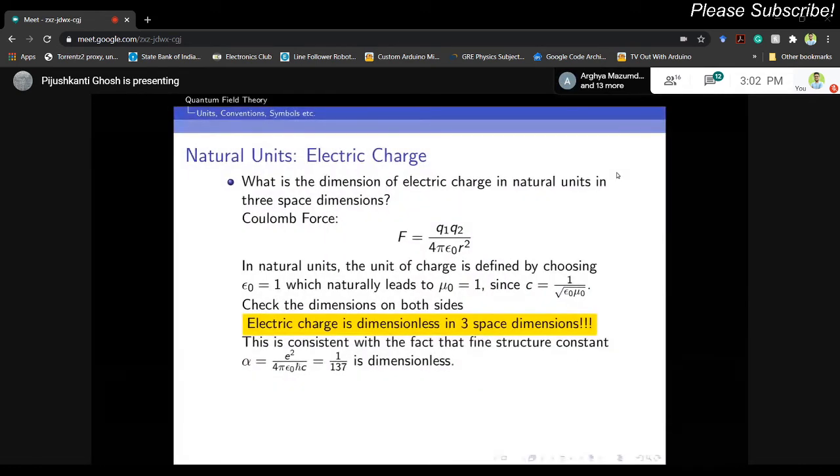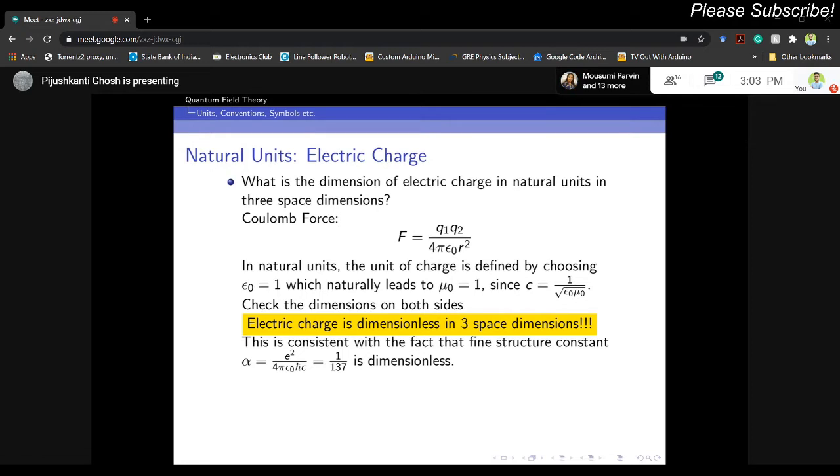You can see that Coulomb force in three space dimensions is given as F is equal to Q1 Q2 by 4 pi epsilon naught R square. I have not given the vector symbol. There is a unit vector on the right hand side, and similarly you have to give a vector notation for F. That's a mistake while typing, but that will not change our discussion.